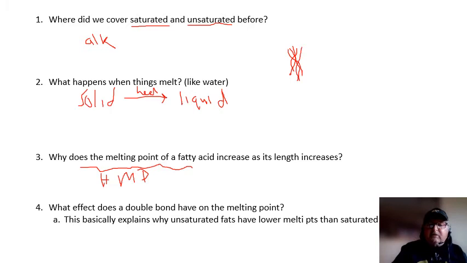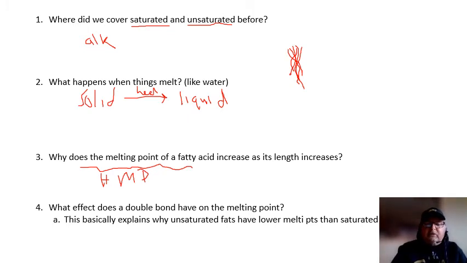The reason they're tangled together is because they have a lot of surface area, which increases the London dispersion forces. Like if you had long hair, the longer the chain, the more tangling effect you're going to have. With shorter chains, you don't get the tangling as much.